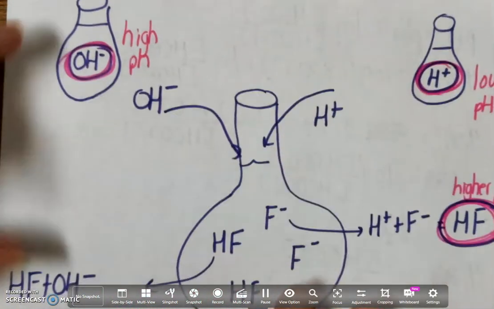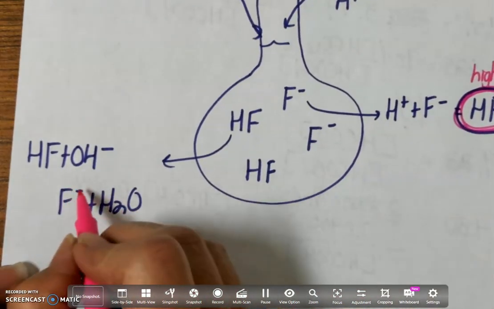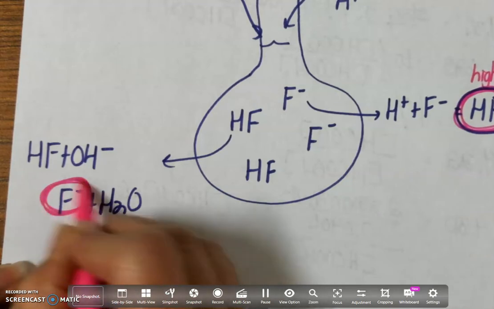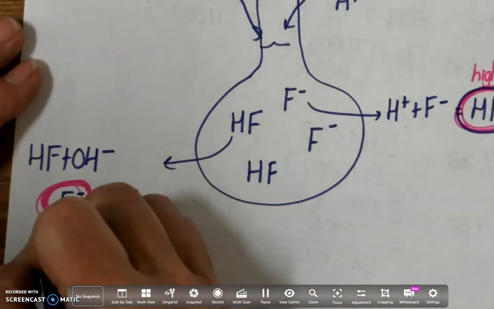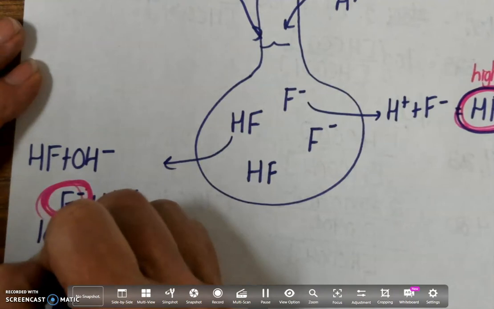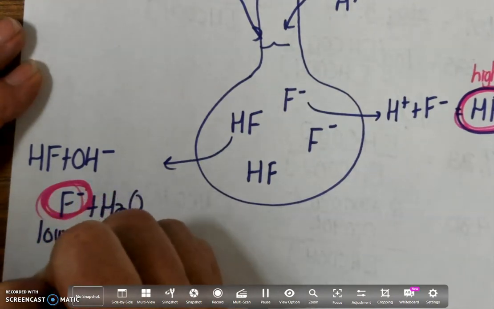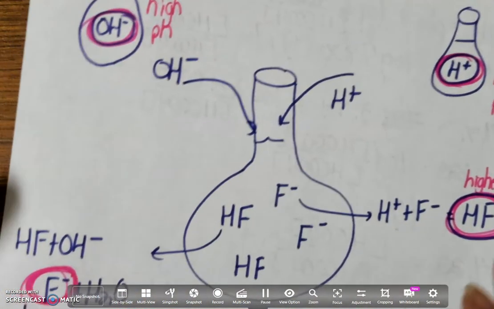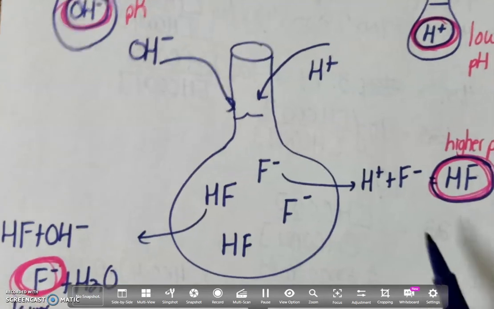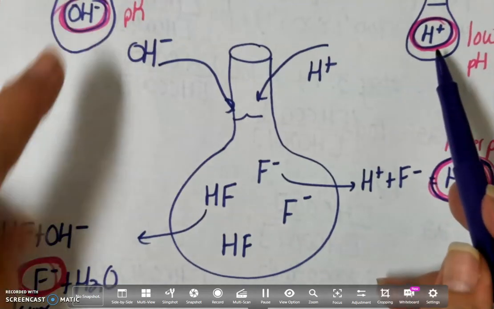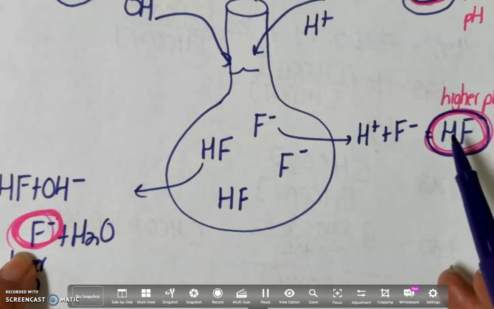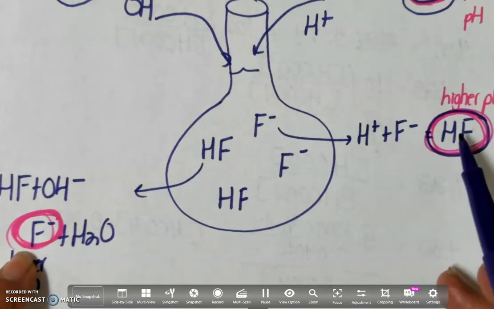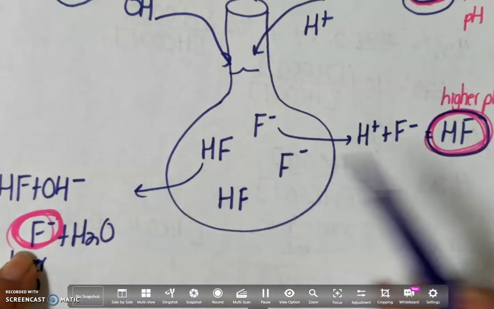But instead of that, I'm making this, and this has a lower pH. So either way, I'm buffering because instead of these species in solution, I have these species in solution, and that keeps my pH close to the pKa of this conjugate system.